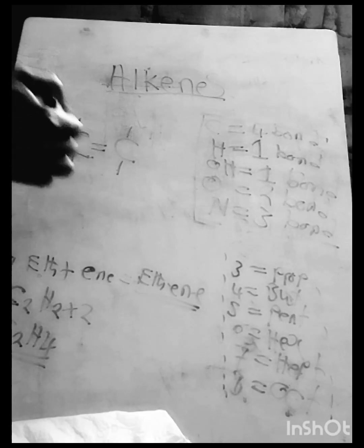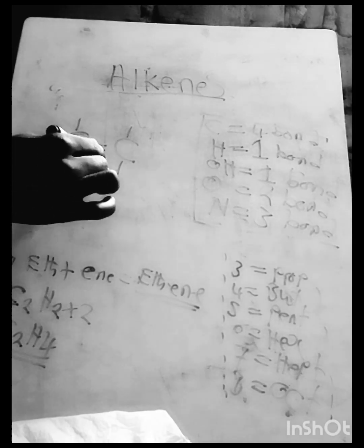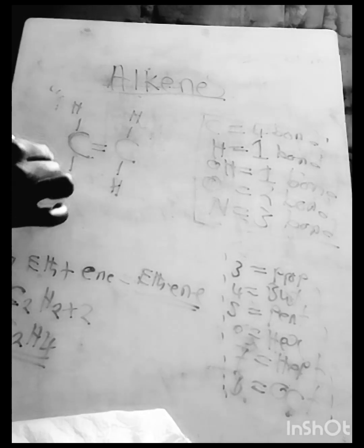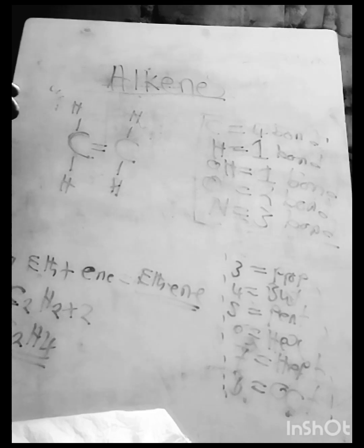Then the outside bonds you fix with hydrogen, like this, like that, like that, and like that. So this becomes the structure for ethene.